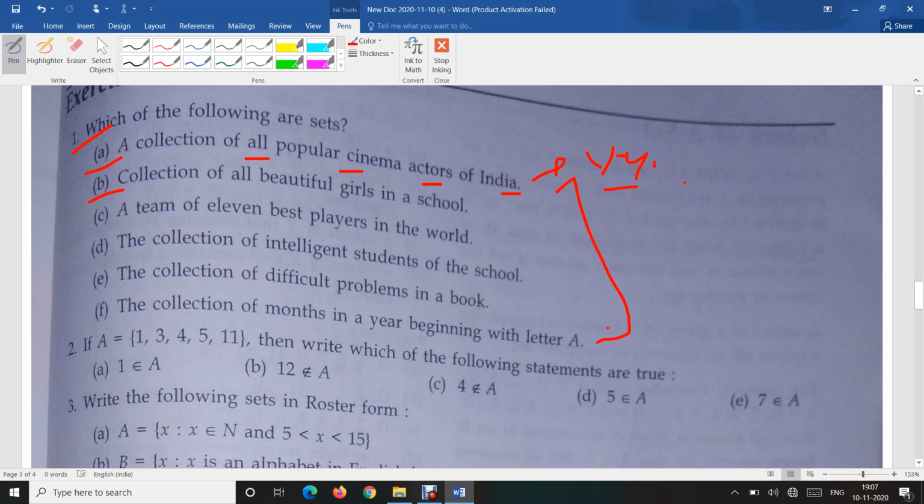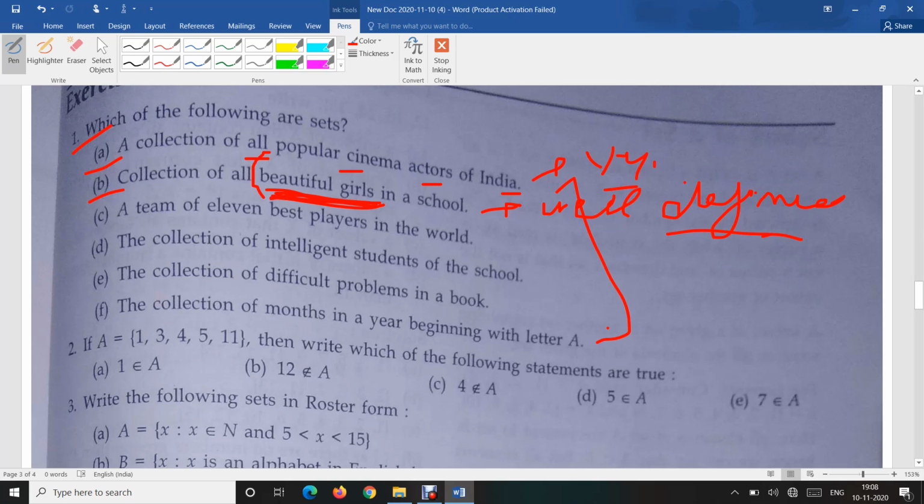The second one is the collection of all beautiful girls in a school. Suppose you have to make a list of beautiful girls in your school, but this is not well defined. If it is not well defined, then you can't say that it will be a set. But why is it not well defined?